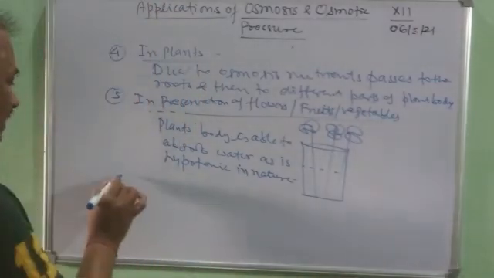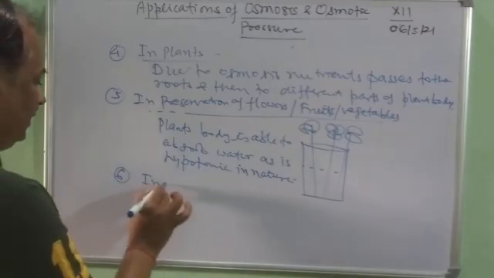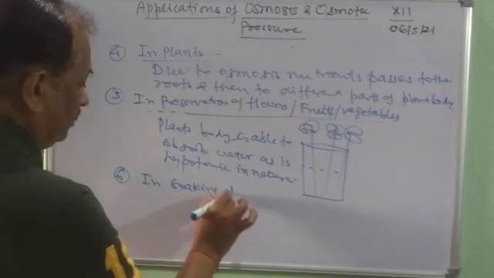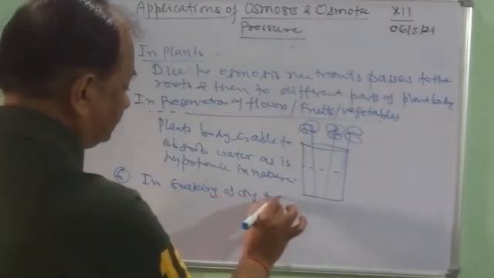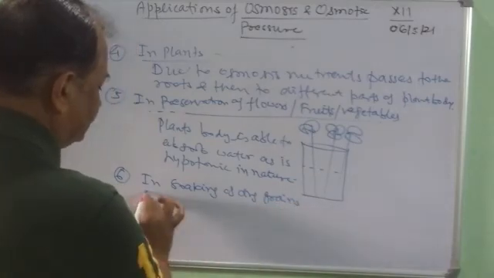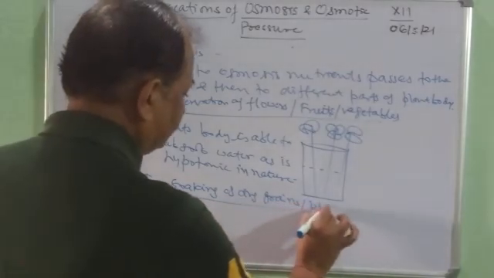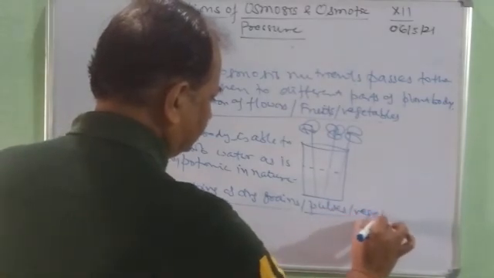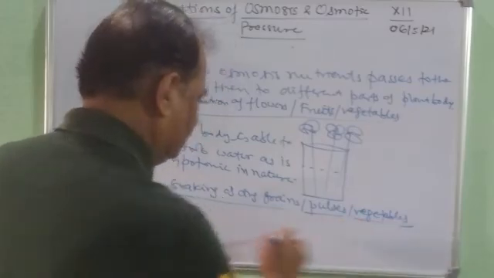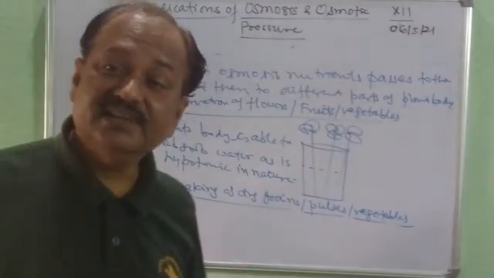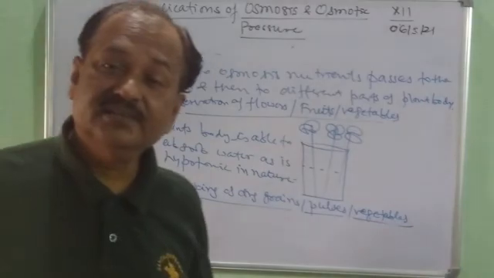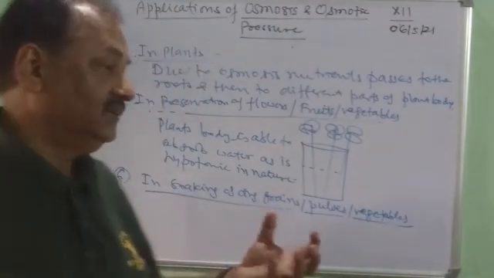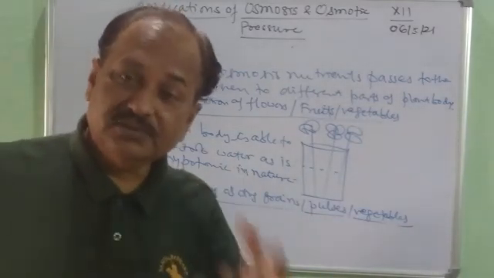Now next, children, is the soaking of dry grains, pulses, different vegetables. The dry vegetables, dry grains, cereals, pulses, you all know, in your family, before cooking, they are soaked in water.